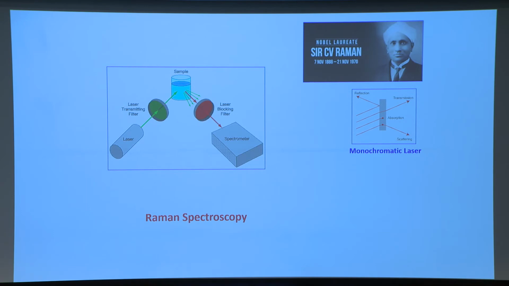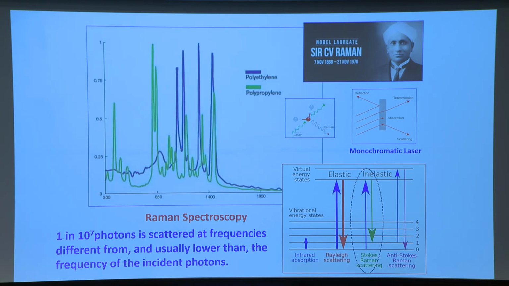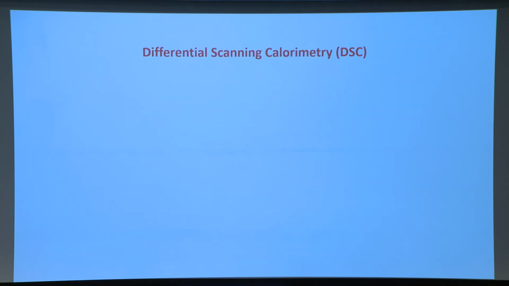A monochromatic laser light is shined on the sample, and the sample either absorbs, transmits, reflects, or scatters. And 1 in 10 million photons is scattered at frequencies less than the incident frequency, and we get a spectrum characteristic to the polymer.